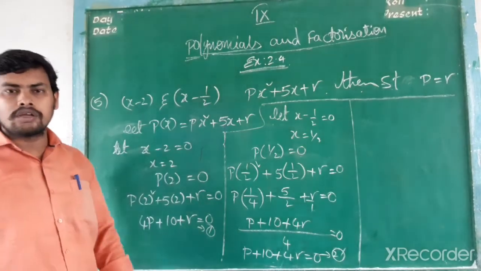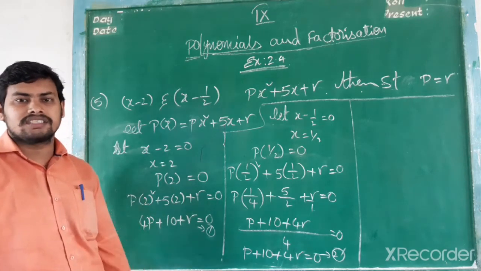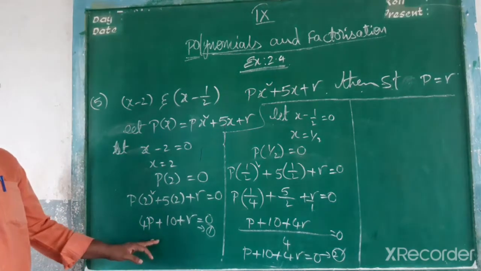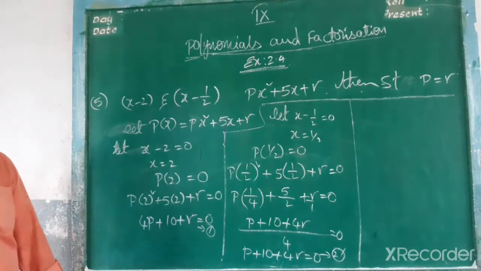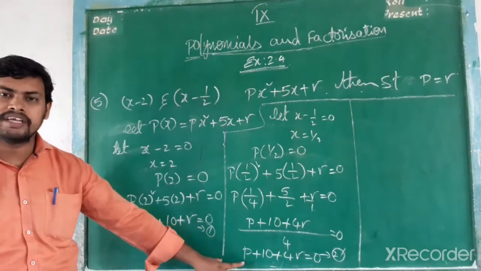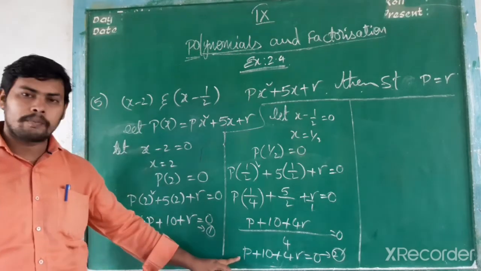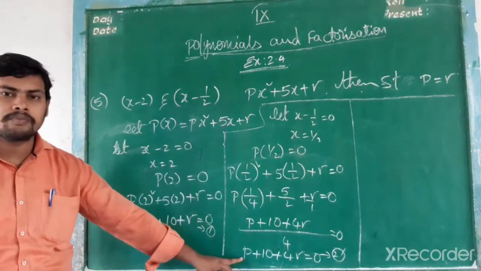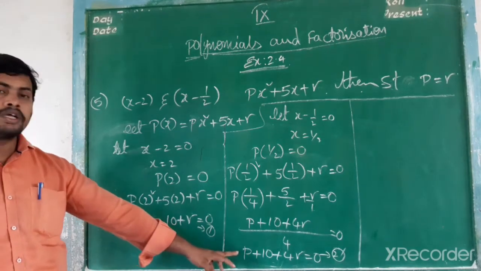We already learned the horizontal and vertical methods in class 8. So you have to simplify these two equations. Here 4p is there, here only p is there, so you should multiply 4 with equation 2, because when these two terms are equal, it is very easy to simplify.